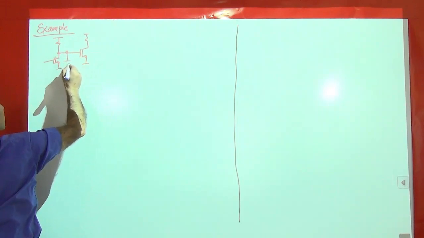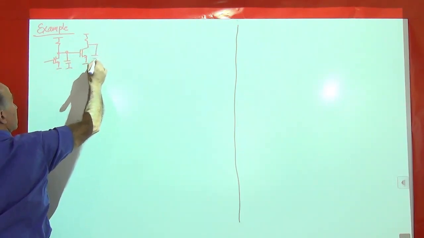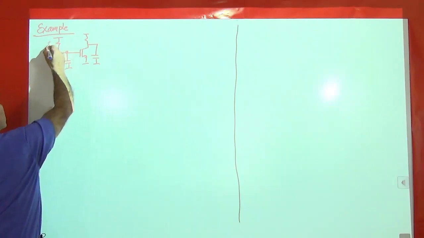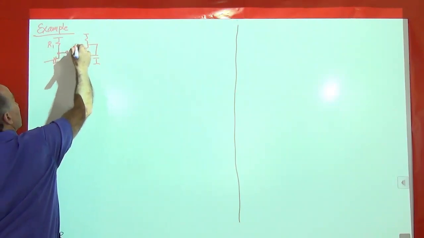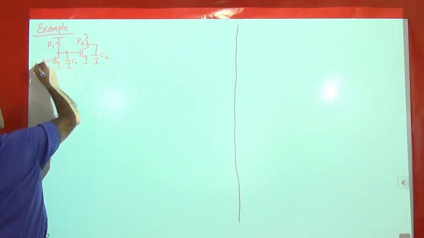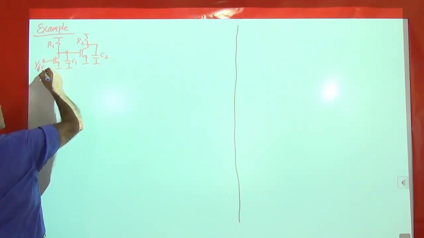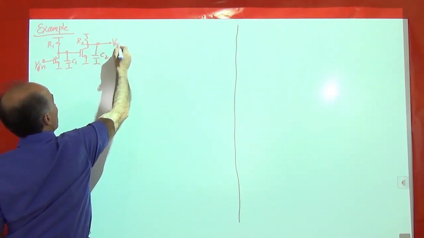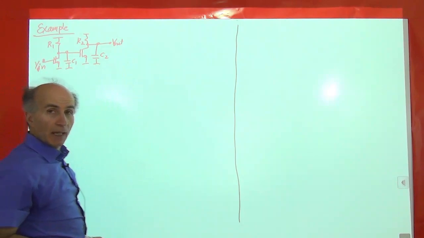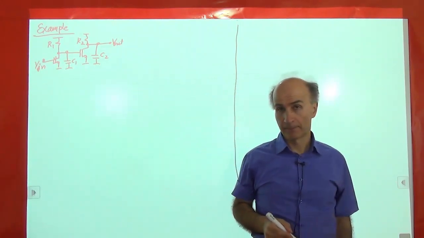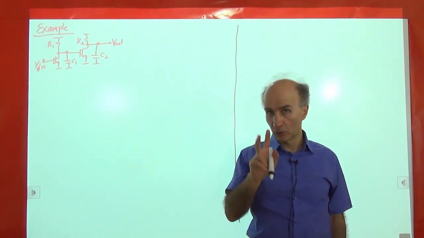And there's some capacitance here, some capacitance here. Don't worry about other capacitances. I'll call this R1, C1, R2, C2. And we would like to construct the Bode plots for both the magnitude and the phase of the transfer function of the system. I have only two poles.